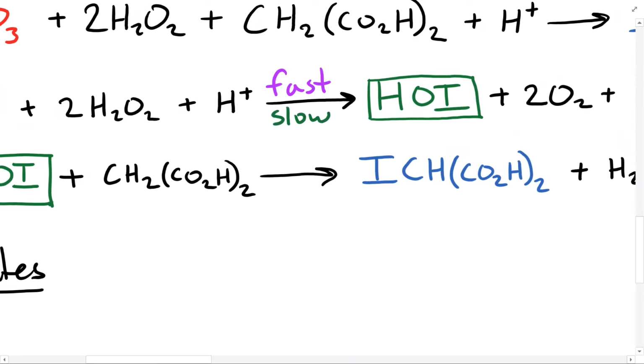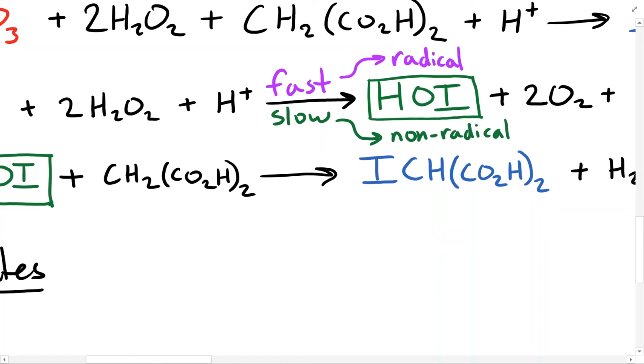The fast pathway utilizes a radical. So it has a radical mechanism and that's very, very fast. There's also a slow pathway, and this just uses a non-radical pathway, and it's much, much slower.